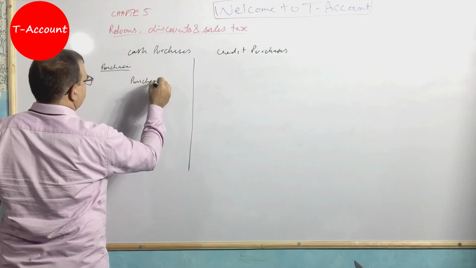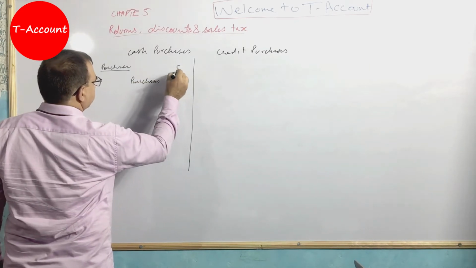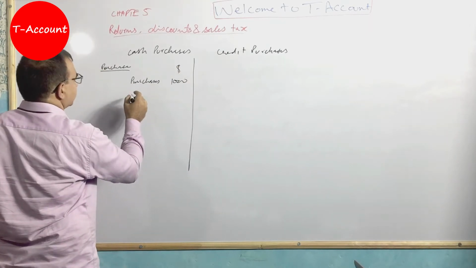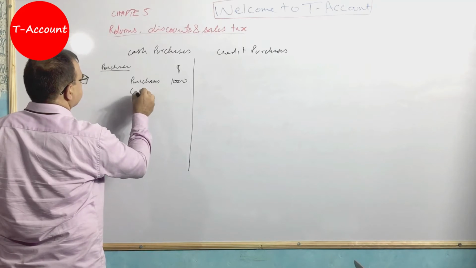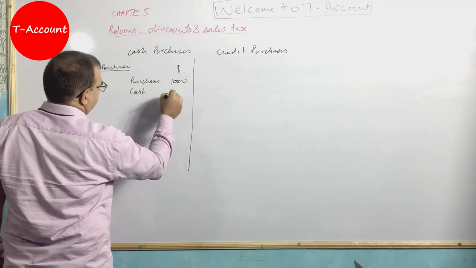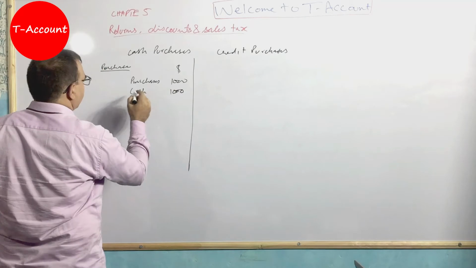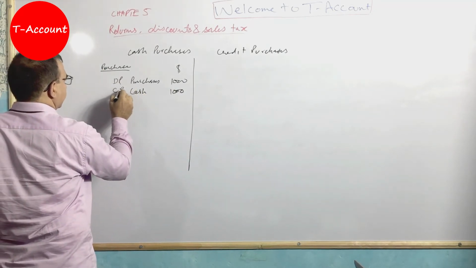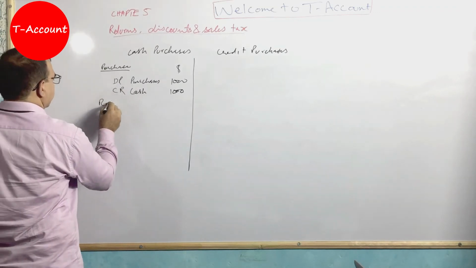Purchases is 1000. Let's keep the amount the same because we are trying to understand the concept. Debit purchases and credit cash. You paid cash and you purchased goods for 1000.